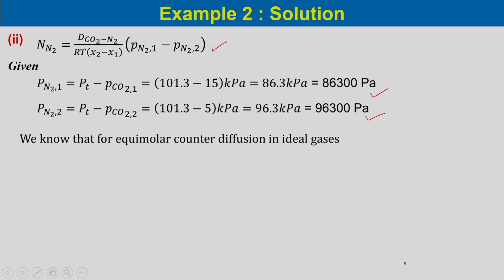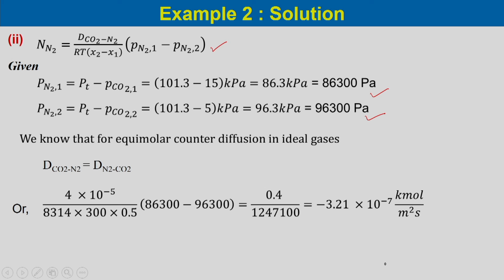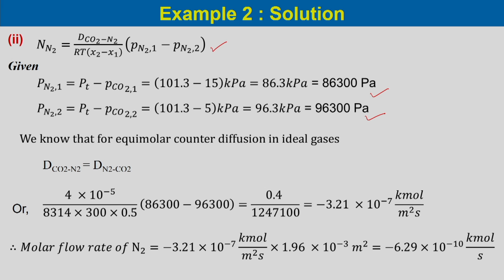Now, we know that for equimolar counter diffusion, the diffusion coefficient D_CO2-N2 would be equal to D_N2-CO2. Now, if we substitute that, we will obtain the flux as minus 3.21 into 10 to the power minus 7 kilomole per meter square second.